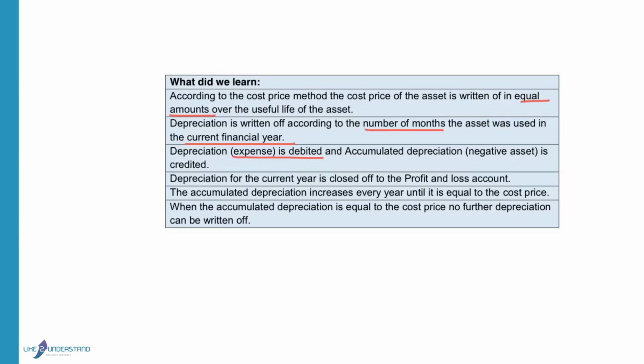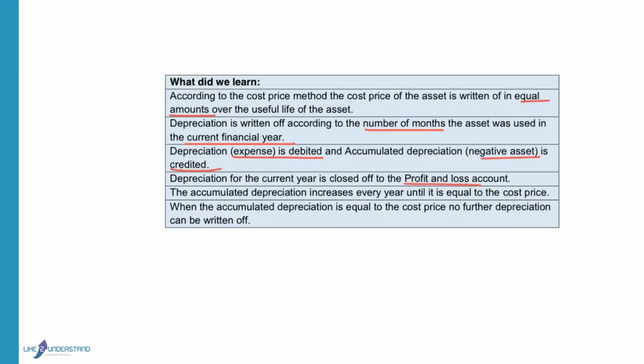Accumulated depreciation is a negative asset and it will be credited to accumulate the amount until it's equal to the cost price. Depreciation is written off as an expense to the profit and loss account. The accumulated depreciation at the end of the final year must be equal to the cost price.